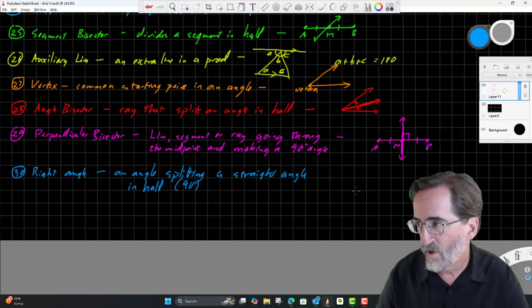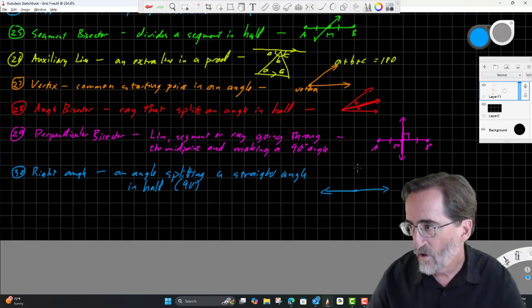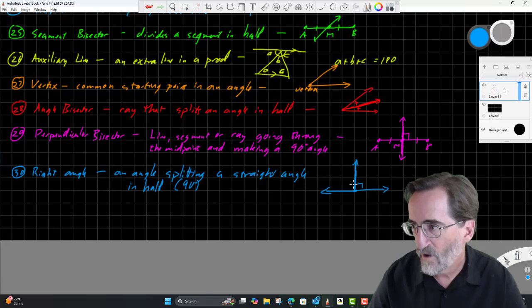So here we have a straight angle, and a 90-degree angle, or a perpendicular right angle, splits it in half. It's half of a straight line.